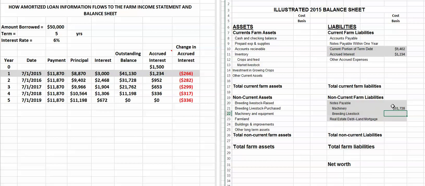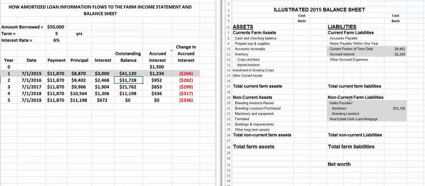And again, you would have to add that loan balance up for all different term loans that you might have. So you see, when you've got an amortization schedule, for any one year you need the next year's principal, you need the current year's accrued interest, and then you need the next year's outstanding loan balance. And those 3 bits of information will flow directly to either the current farm liabilities or the non-current farm liabilities for all of your term debt.